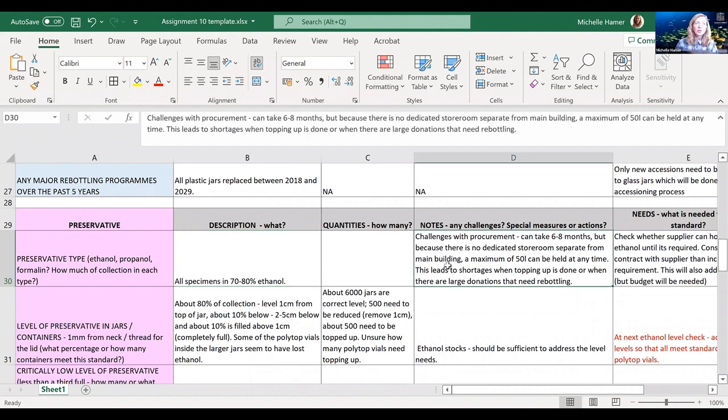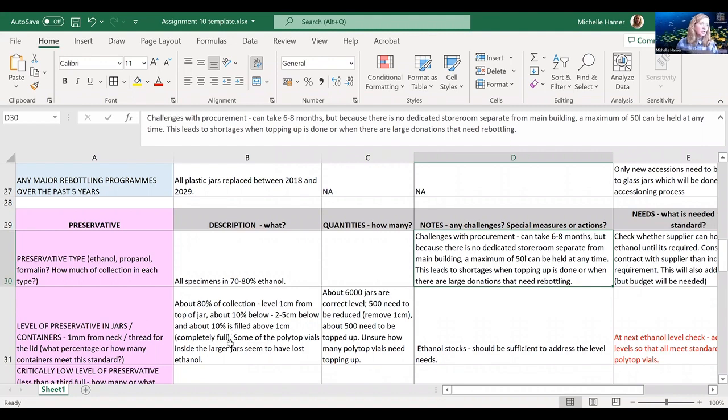Some have problems with storage of ethanol, so you can't store more than 50 liters of ethanol in your building. If it's more than that, it has to be in a special storeroom away from your building, and not everyone has those facilities. And so that creates a problem. You can't buy quickly, but you also can't store a lot. So think about what are the challenges that you face with your preservative.